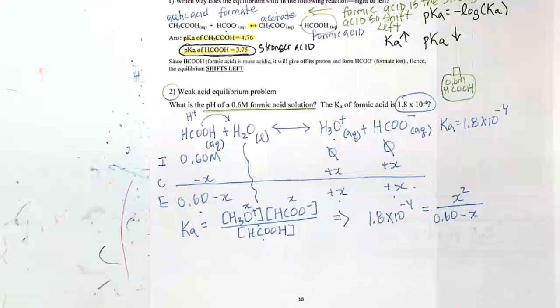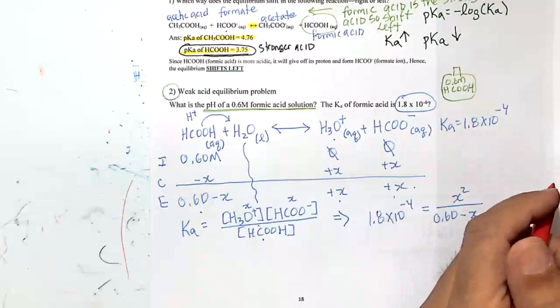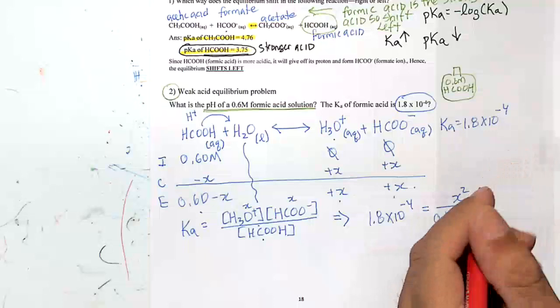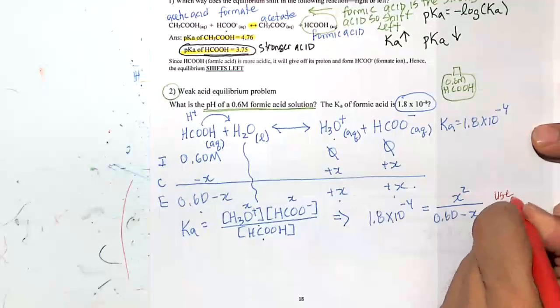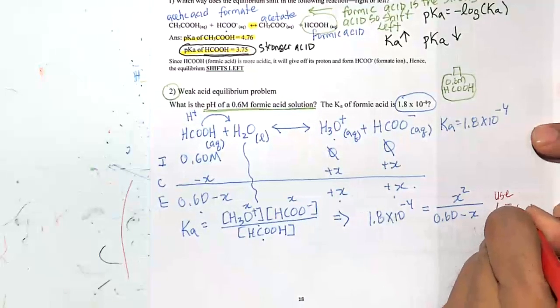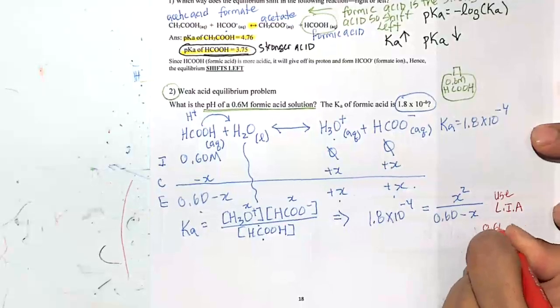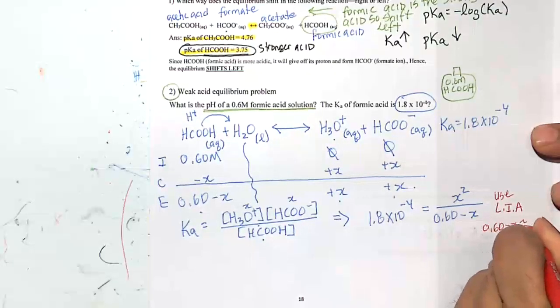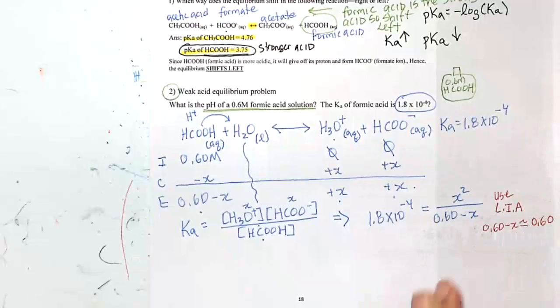Now on the test or quiz or homework, no quadratic, so we'll assume this ionizes less than 5%. This is called the low ionization assumption, LIA. So we assume 0.60 minus x is about 0.60.